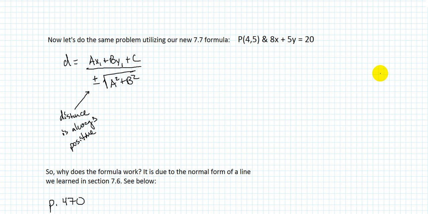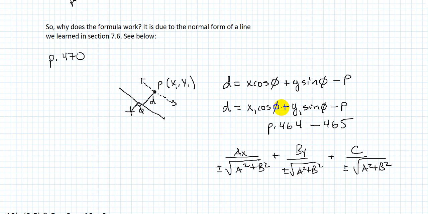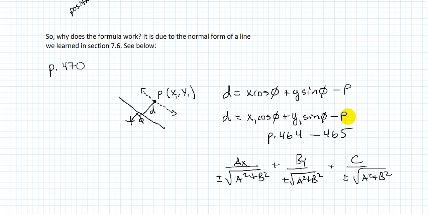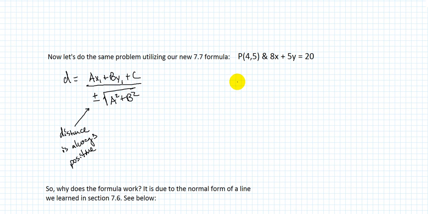And you could look in the book just real quick. If you look at pages, I think 464 to 465 or 470. I don't have my book open. I wrote this down earlier to explain it, but you'll see why we bother about the sign. But for the most of the rest of this lecture, I'm not going to worry about that.